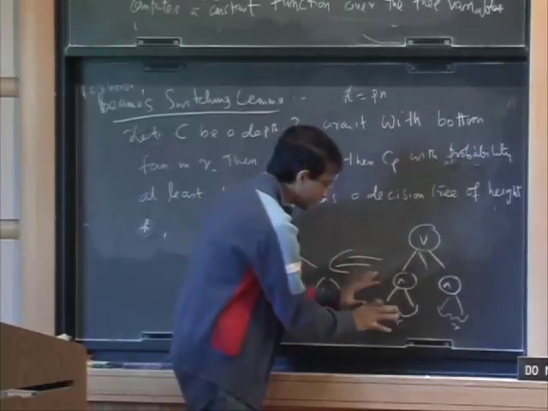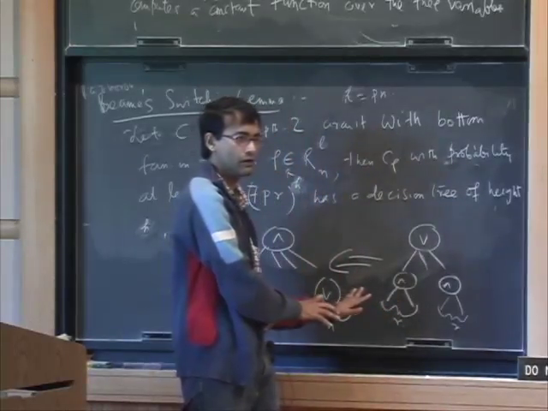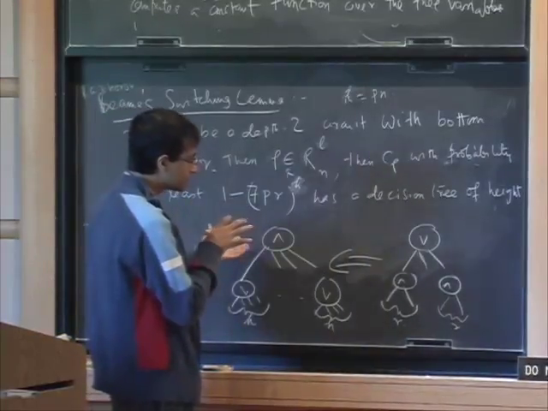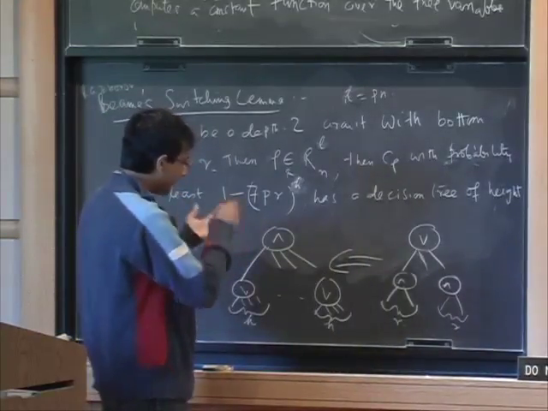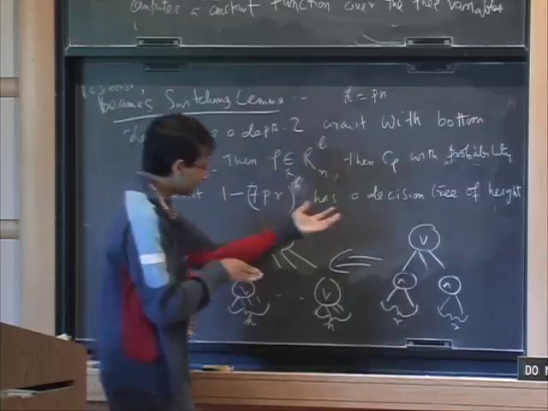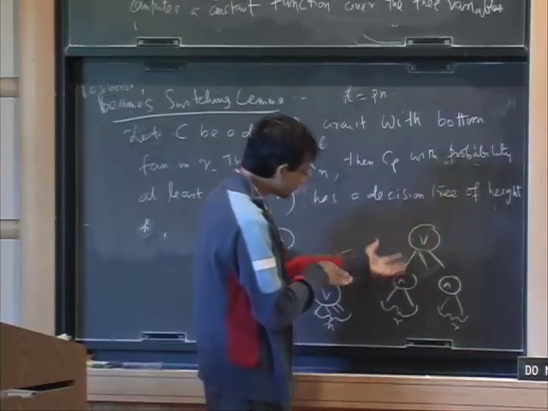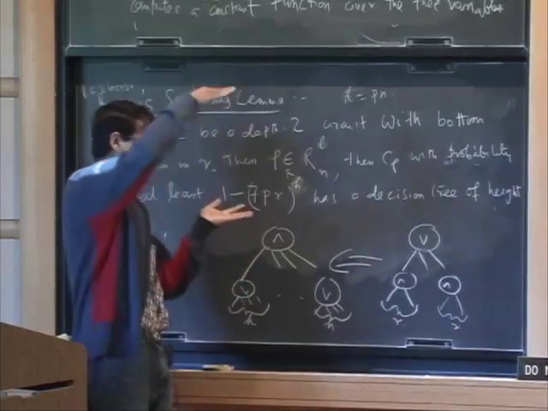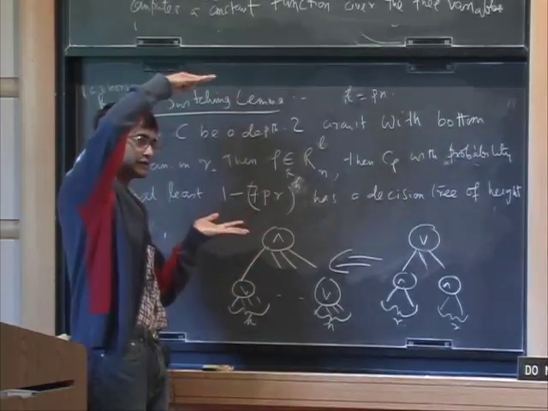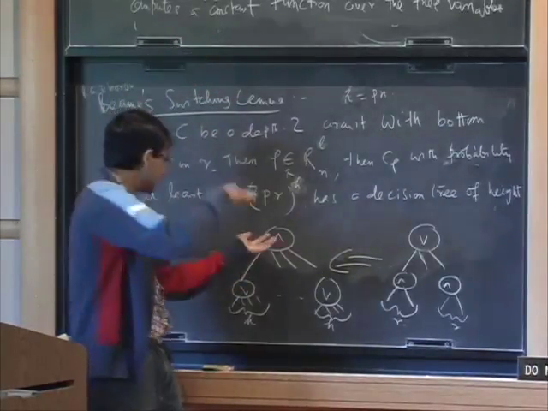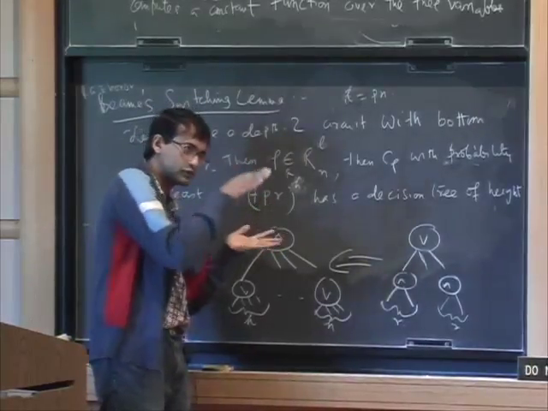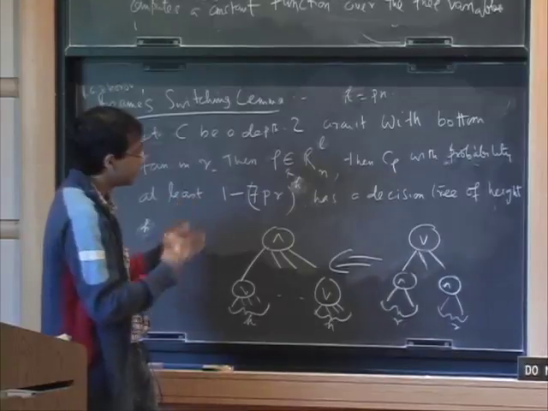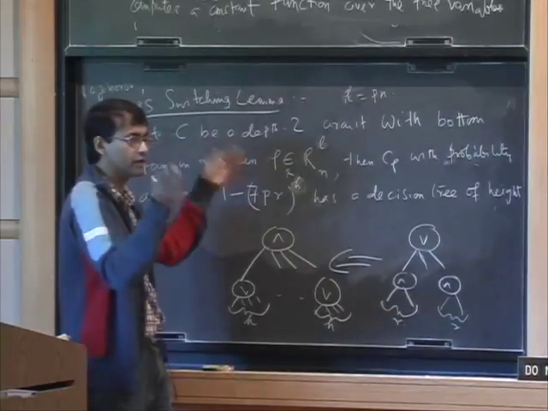So assume for the moment that the bottom fan-in is R. Now you can hit this circuit with a random restriction, and if the bottom two layers were ORs of ANDs, you get an AND of ORs. And now again, I'm considering a layered circuit, so at depth 3 and depth 2 you can merge them, and this collapses the two layers, and the depth decreases from d to d minus 1, and you can keep doing this, right?